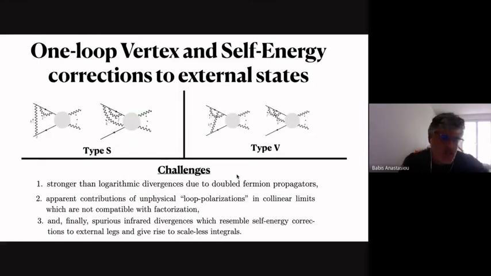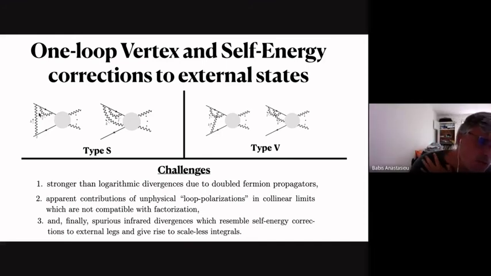So this is one of the problems that we have to solve. And the second problem that I will discuss here is of a different nature. Suppose you have propagator corrections or vertex corrections close to incoming legs. What we show at the one-loop level is that when the other momentum becomes collinear, then this propagator becomes longitudinal.